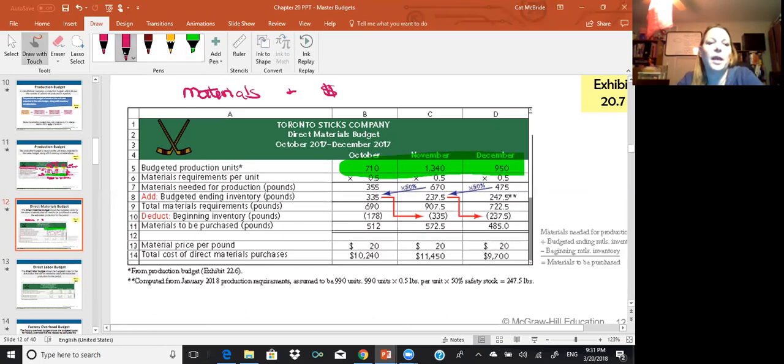If we're going to produce 710 units, we require 0.5 pounds of material per unit. So if each one takes half a pound of material, we need 355 pounds of material.